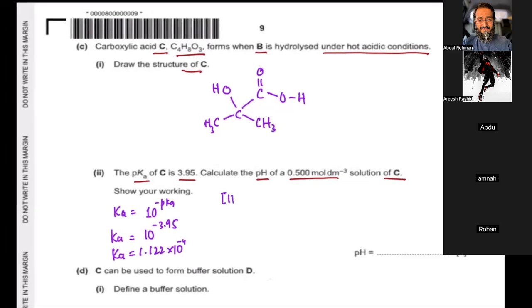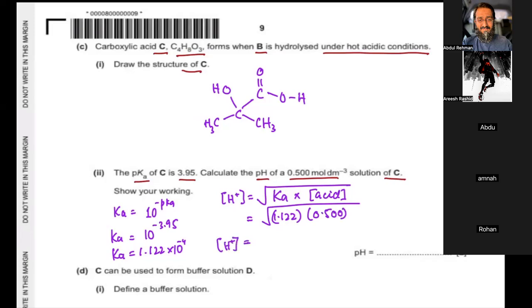Now, hydrogen ions can be calculated for a weak acid by this expression. Hydrogen ion is equal to the square root of Ka times concentration of acid, right? So 1.122 times 10 to the minus 4 times concentration of acid, which is 0.500. Can anyone tell me the concentration of hydrogen ions? 7.49 exponent minus 3.